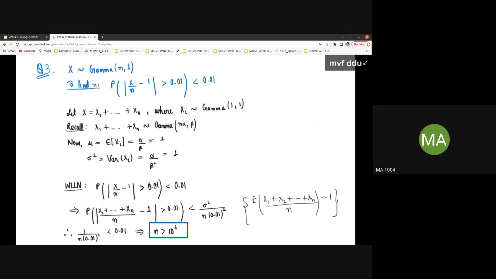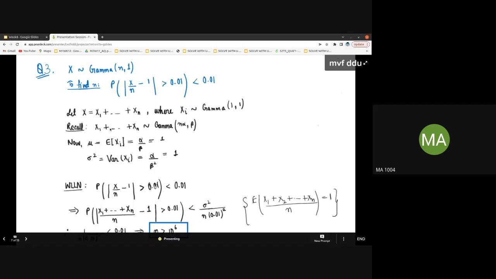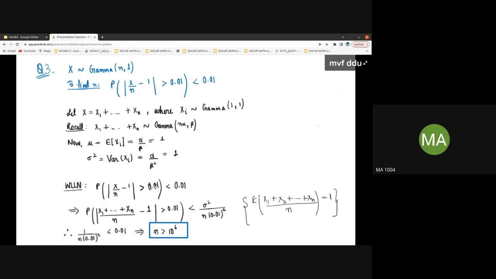So if each of the xi's follows gamma 1 comma 1, then I know that x follows gamma n comma 1.